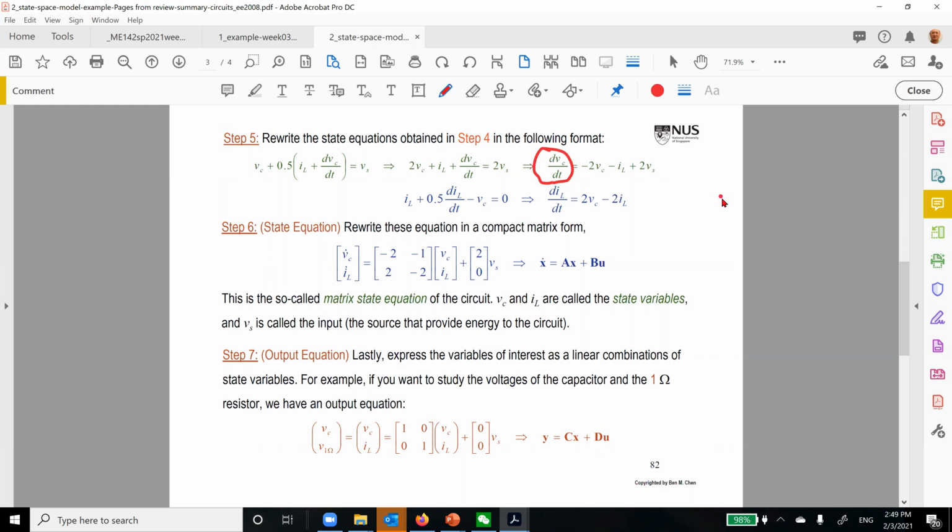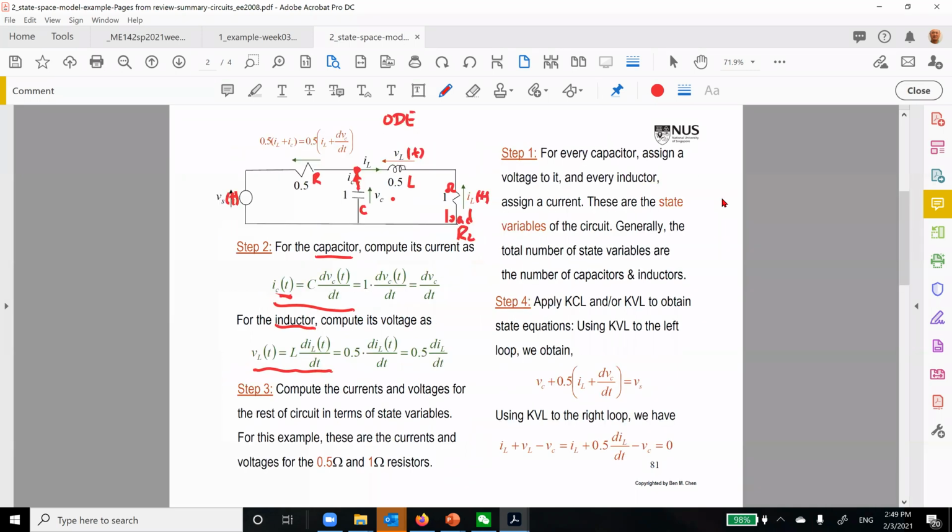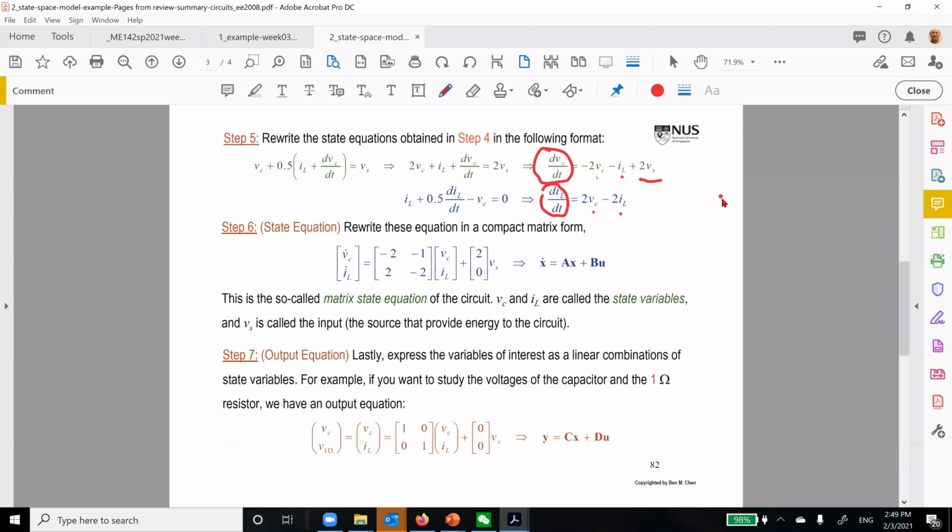So you have this one and this one, two simultaneous equations. You can see all these are state variables, but this is the input term. VS is the source. After that, we can write the equation in compact matrix form.